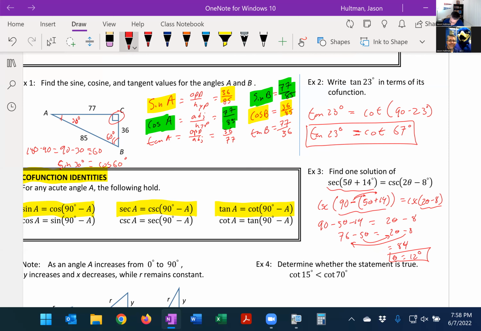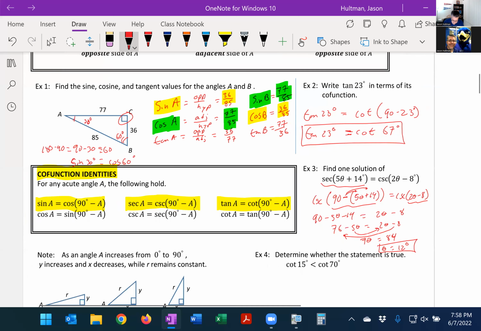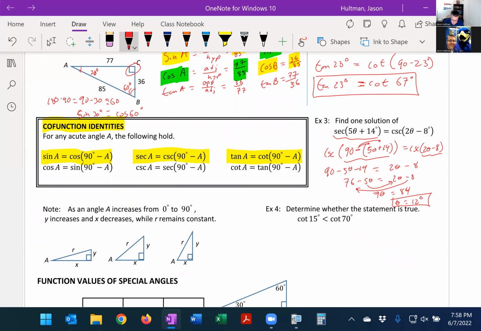Note, as an angle A increases from 0 to 90, y increases and x decreases. So as the angle gets bigger, y is going to get bigger than x.